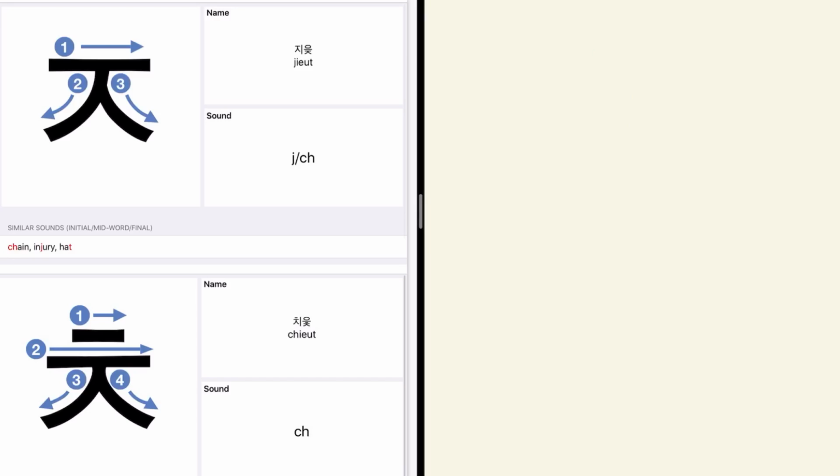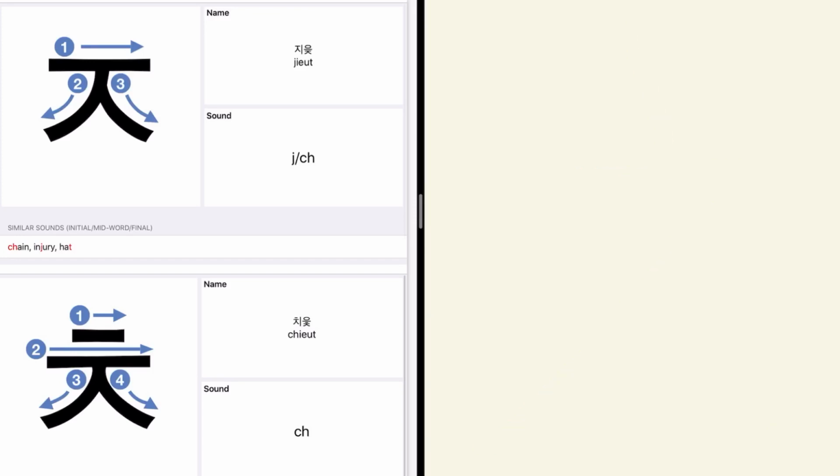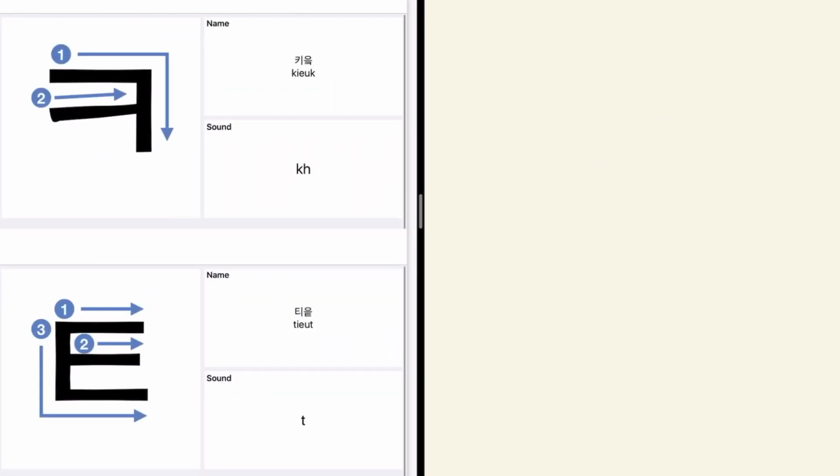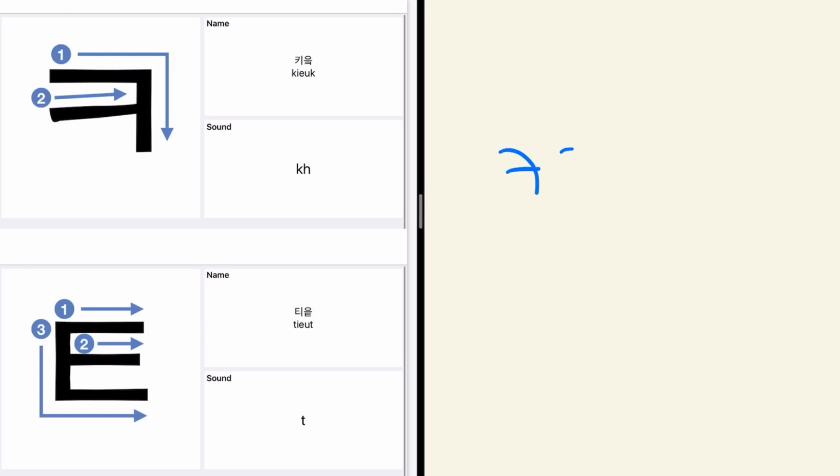One more time. 1, 2, 3. Okay. And next one is 키읔. Like 1, 2. Okay. 1, 2.